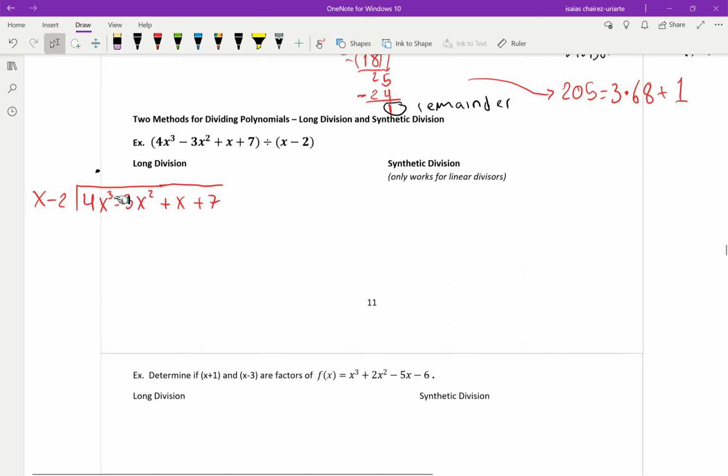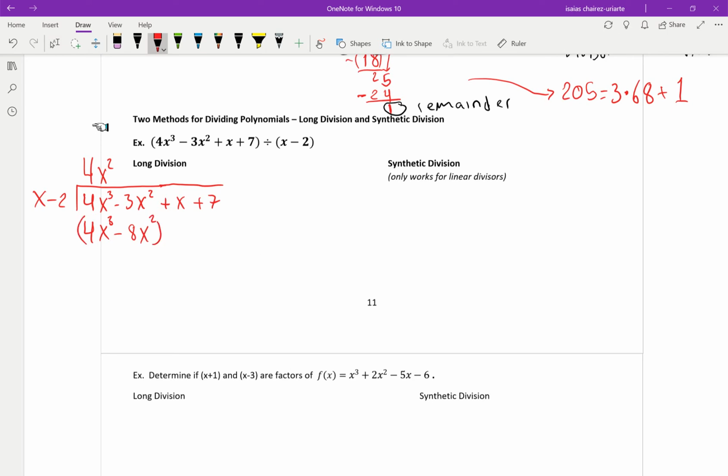So right now I've set up my long division correctly and I'm going to start the process of division. I thought to myself, something times x should result in 4x cubed. And I think that something is going to be 4x squared. So let's write a 4x squared up there. Okay, so 4x squared times x, that's 4x cubed. And then 4x squared times negative 2, that's negative 8x squared.